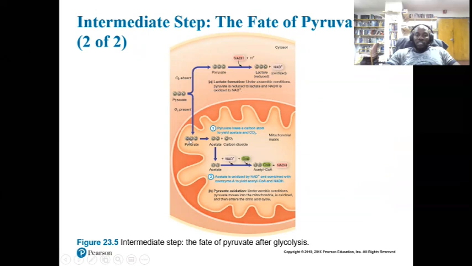In the presence of oxygen, it enters your mitochondria. It's going to combine, lose a carbon, create carbon dioxide. That acetate reacts with an NAD and a coenzyme A to make this acetyl-CoA plus an NADH, which then go into your citric acid cycle.